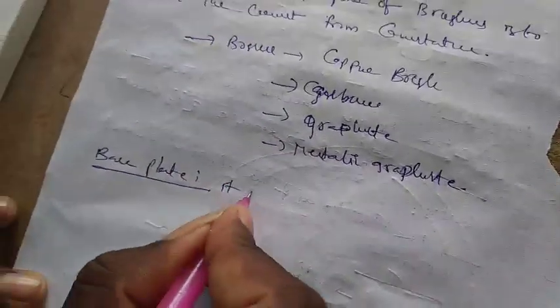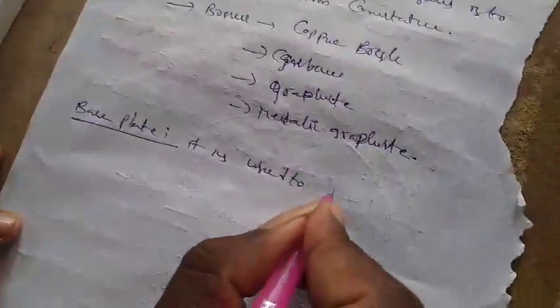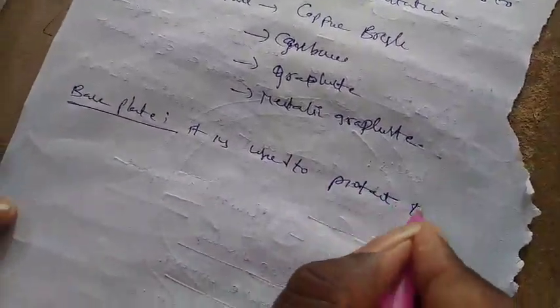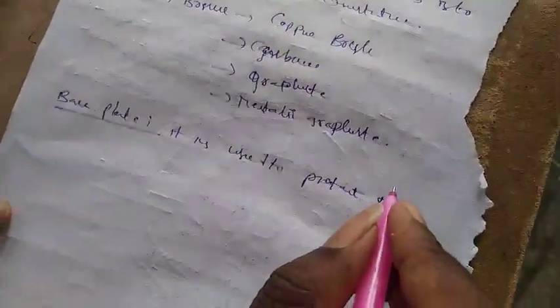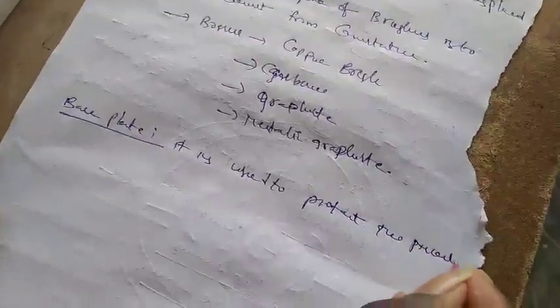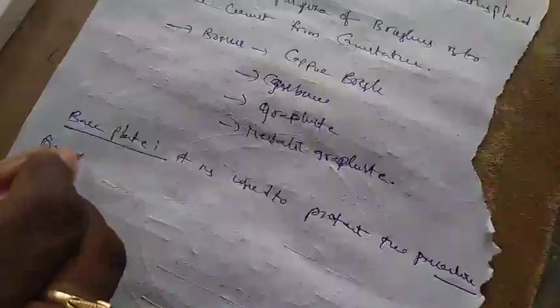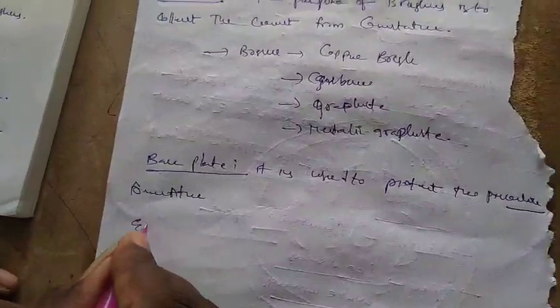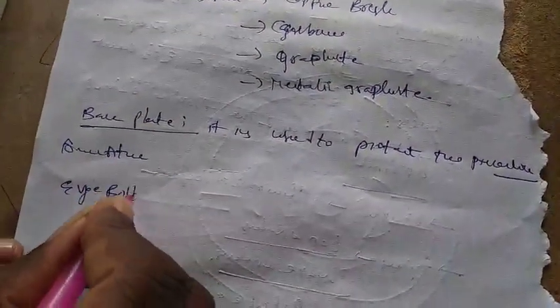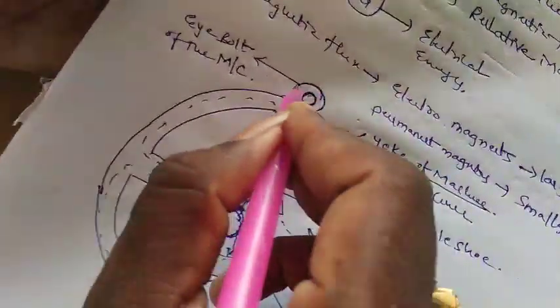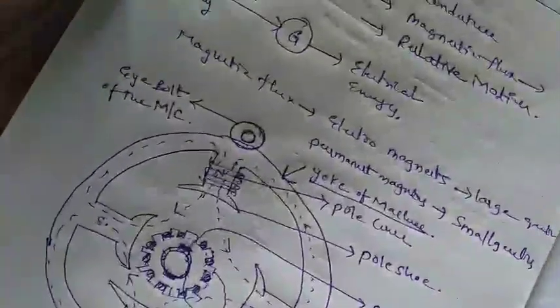Next, base plate. It is used to protect the machine from atmospheric conditions. Next is the eye bolt. This is called the eye bolt.